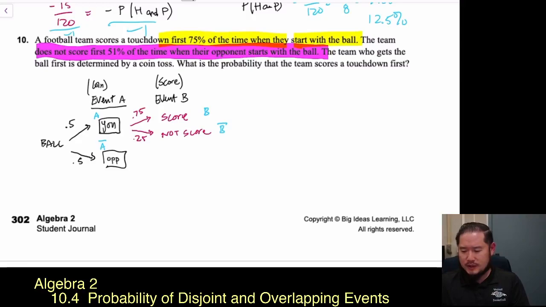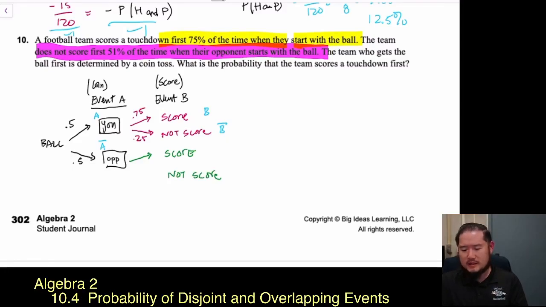So now let's go to the opponent section. For the opponent, the team does not score first 51% of the time. So that's why we're going to go down for our opponent. Let's say they didn't get the ball right here. And so we're going to put score and not score.